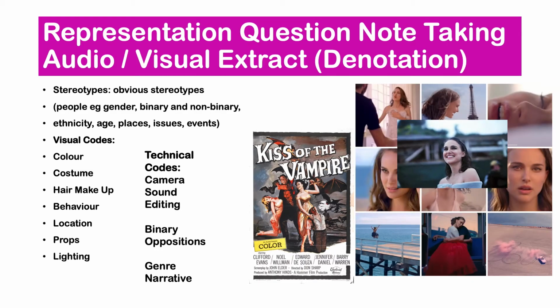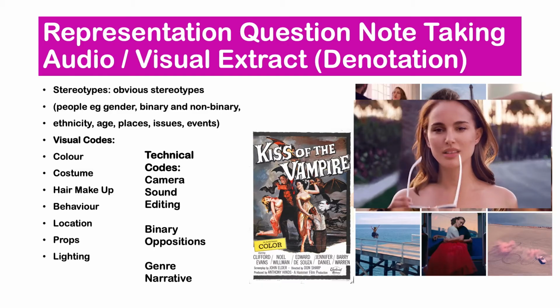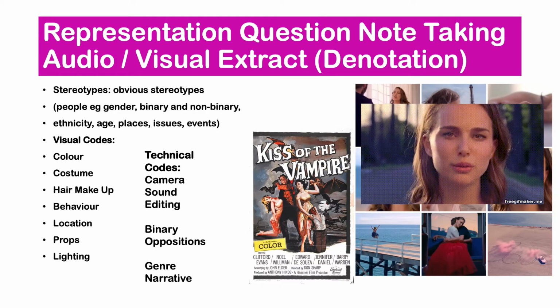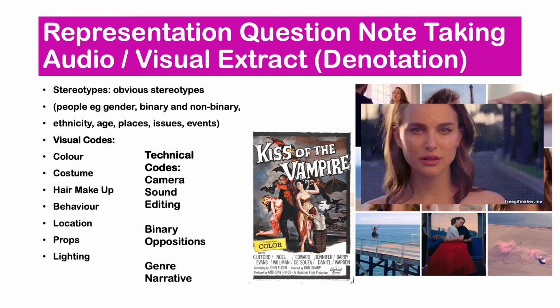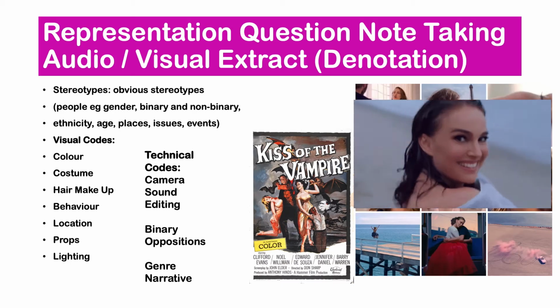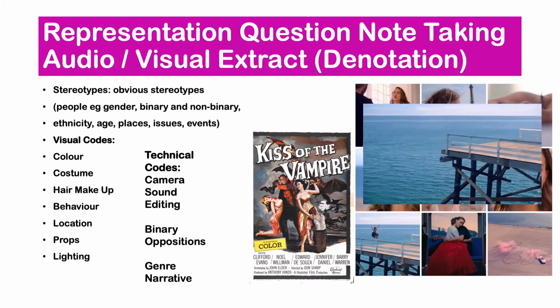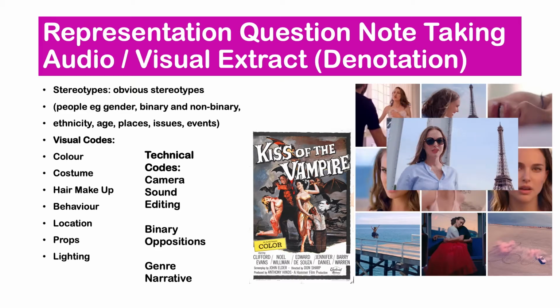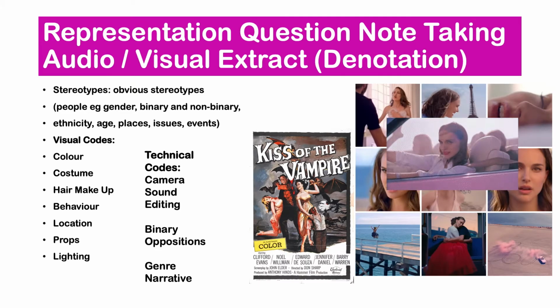Costume, hair and makeup, their behaviour, the location they're in, any props they use. What about lighting? And technical codes, how has the camera been used in order to come across their representation? What about sound, editing, binary oppositions, genre, is that important to the representations that you see? And also the narrative might be important as well.